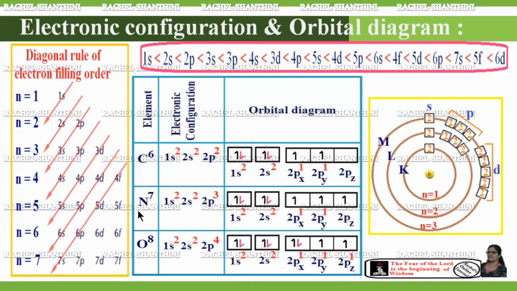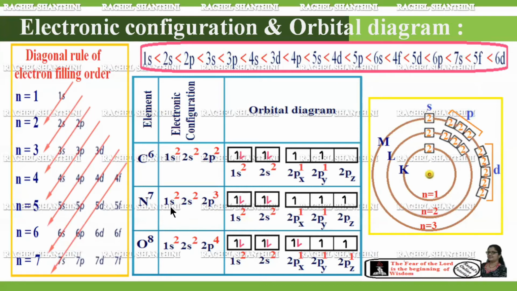Now let us write for nitrogen 7. As usual, to write the electronic configuration in terms of scientific notation, we need to use this diagonal rule. Starting from the top right corner, 1s. Then coming to the second diagonal line, we have 2s. Then coming to the third diagonal line, we have 2p.